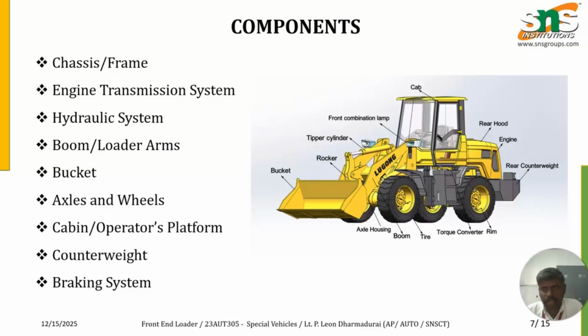The engine plus extra added weight acts as a counterweight at the rear side of the vehicle, in order to balance the weight taken through the front end bucket. And then the braking system. These are some basic components involved in this particular front end loader.